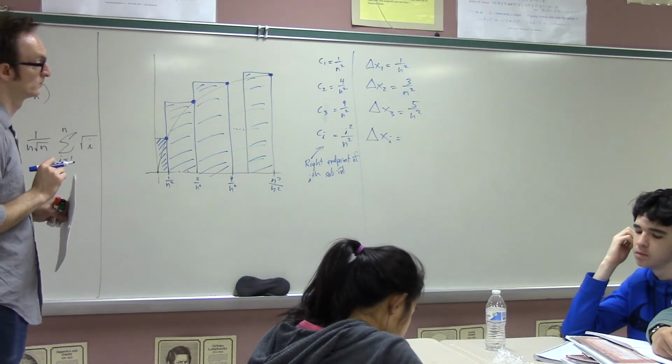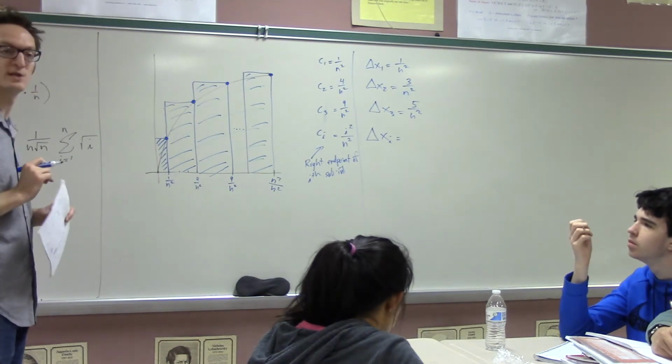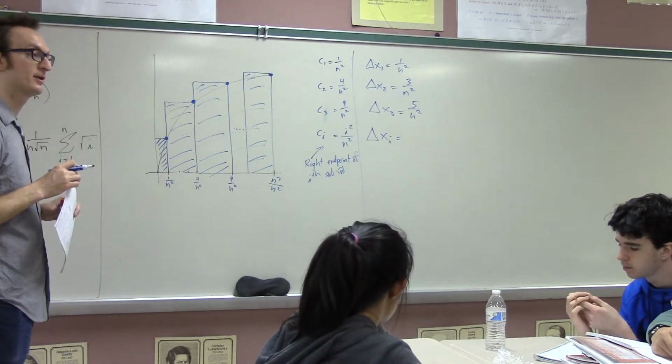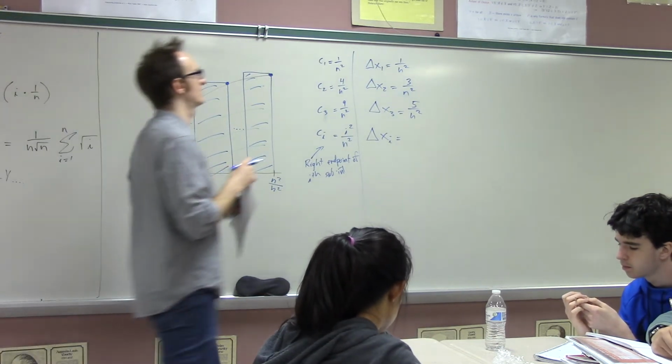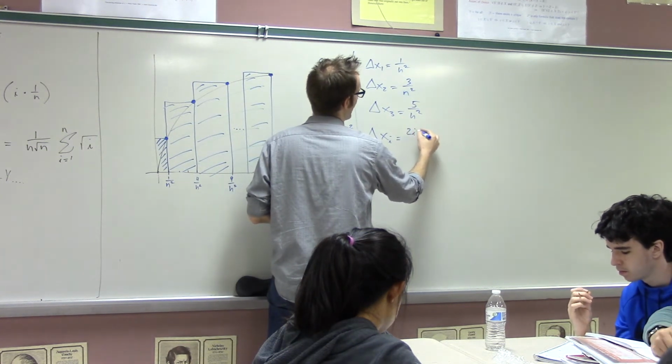What are those numbers in the numerator? Those are like the odds, right? So what's the pattern? It's like 2i minus 1 or something.